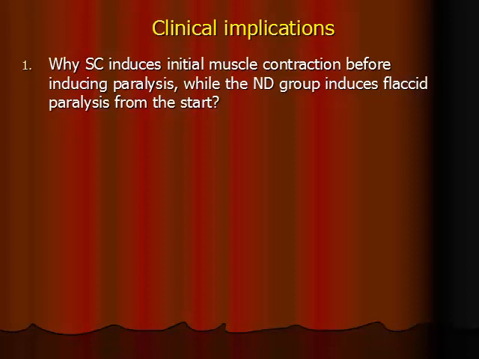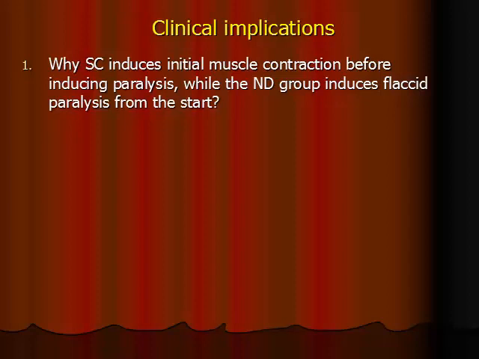The answer: this is because succinylcholine induces initial depolarization, which stimulates skeletal muscle contraction. Since each fascicule of the muscle contracts independent of the others, these contractions are not synchronized, and are termed fasciculations. These initial fasciculations are followed by flaccid paralysis, since no further depolarization can occur.